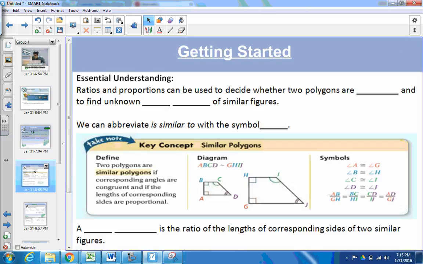So let's get started here. Something that's important to understand here, the essential understanding for this lesson, is that ratios and proportions can be used to decide whether two polygons are similar, and to find unknown side lengths of similar figures.